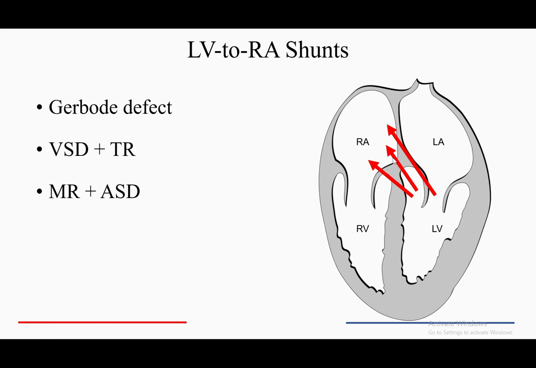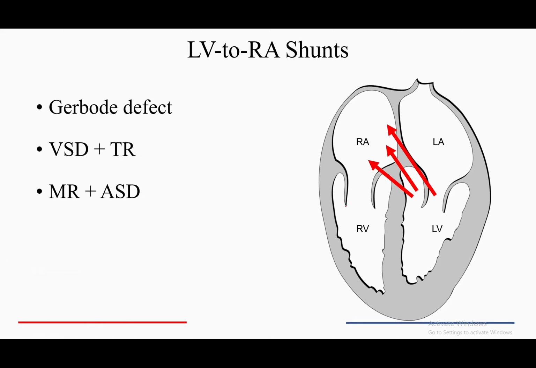Maybe I'm looking at a view in which the ASD is not apparent, or maybe the ASD primum is small. So if I find the tricuspid and the mitral are at the same level, this indicates this is a canal.